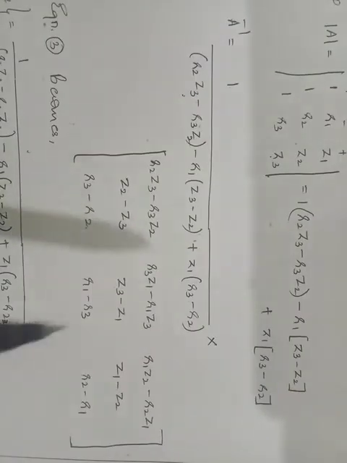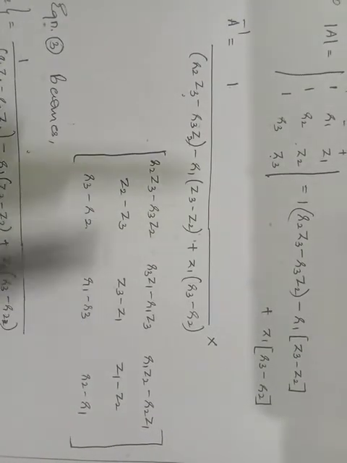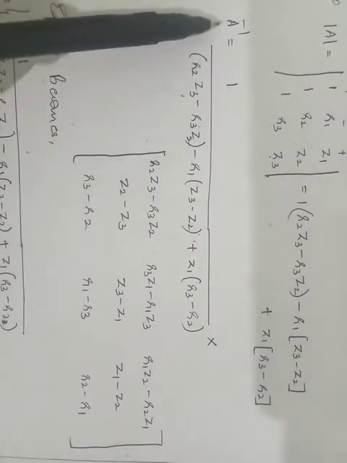After taking the transpose, I get this, and this is the adjoint. So this is adjoint of A and this is determinant of A. So overall I will be getting A inverse.